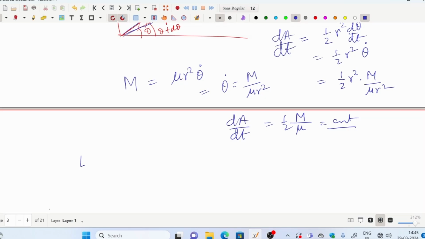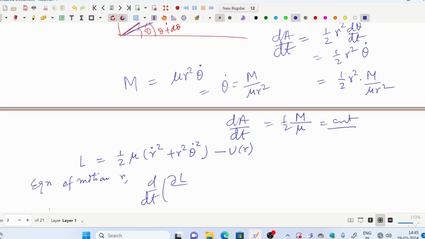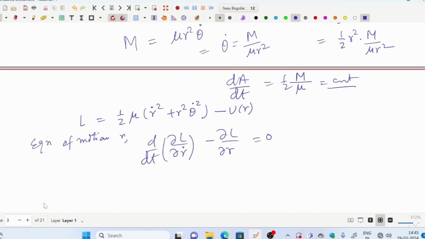Now let us see, is there any other constant of motion in the system, and for that let us calculate the equation of motion. So, let me repeat, the Lagrangian was half mu (r dot square plus r square theta dot square) minus u of r. So, the equation of motion for the radial coordinate r, we can write d/dt of del L by del r dot minus del L by del r equal to 0, the Euler-Lagrange equation.